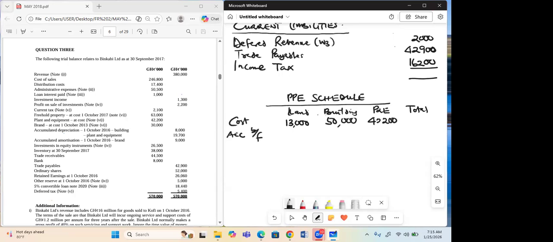Give me the accumulated depreciation. Building was what, 8,000, eh? Yes, please. And then plant and equipment was 19,700.